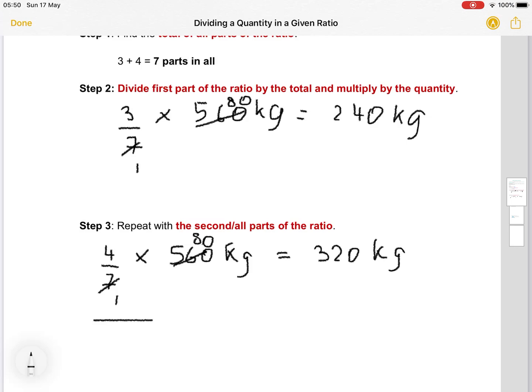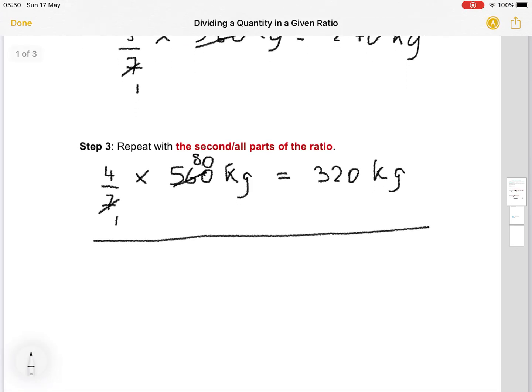As a check, you need to add the two quantities, because here we have two quantities. So the 240 plus the 320, and they should add up to 560.